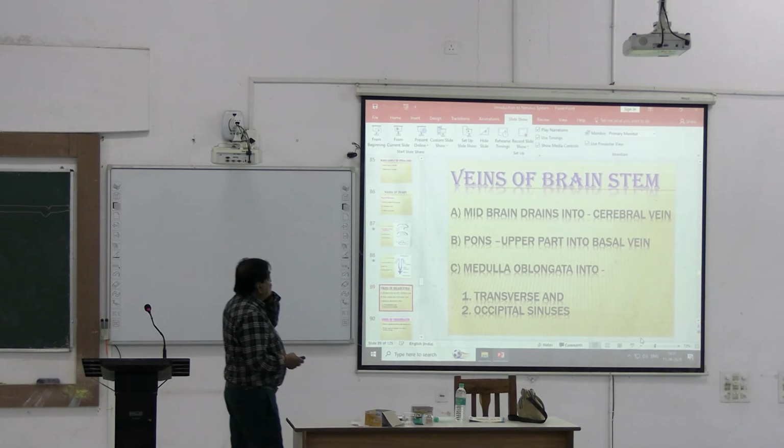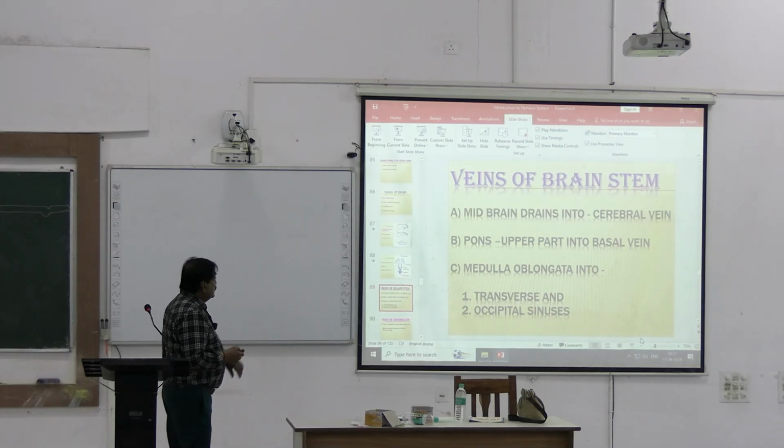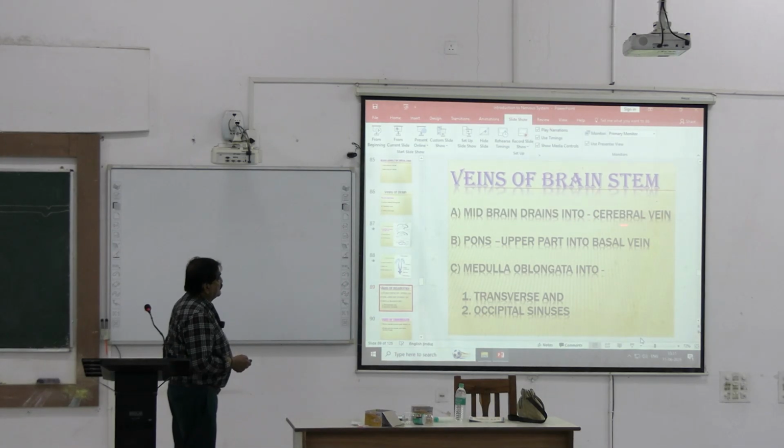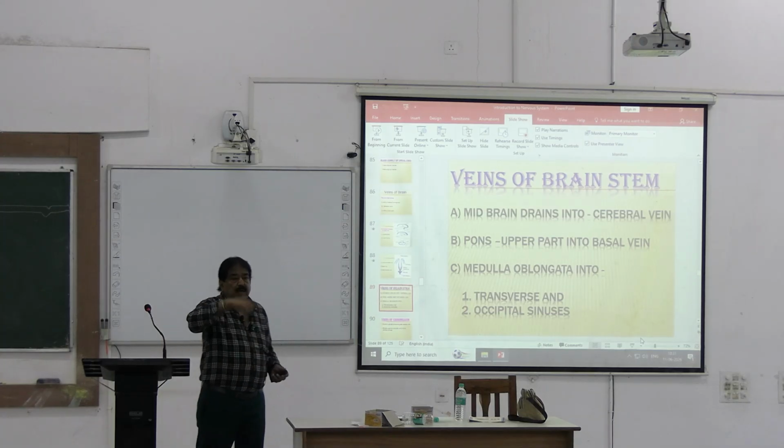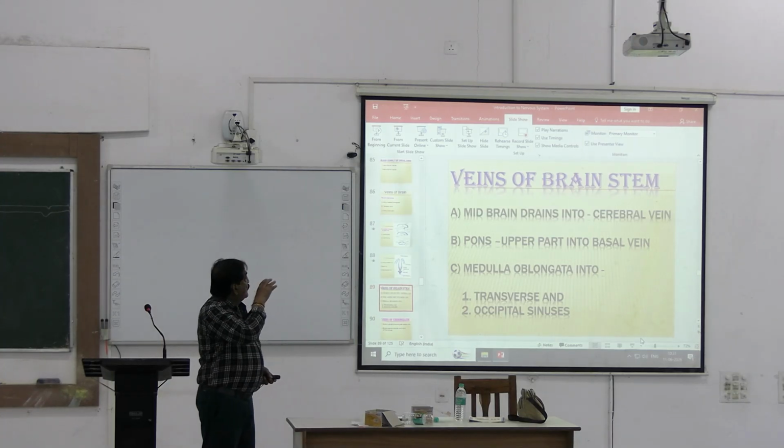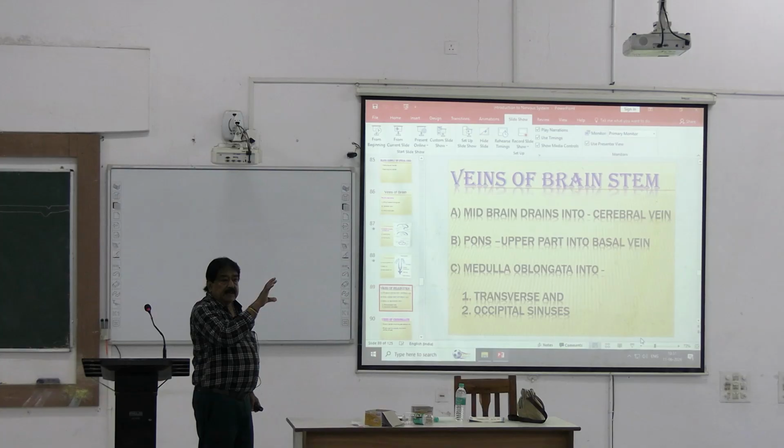Veins of the brain stem. Midbrain drains into the cerebral vein, pons upper part into the basal vein, medulla oblongata into the transverse and occipital sinuses. So you draw the brain stem and you just label them.